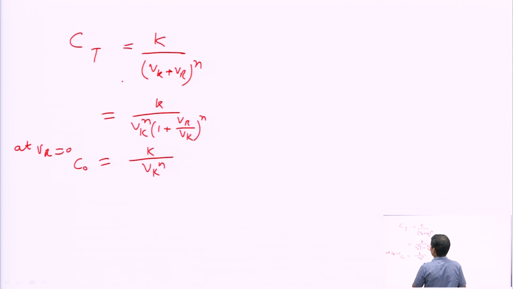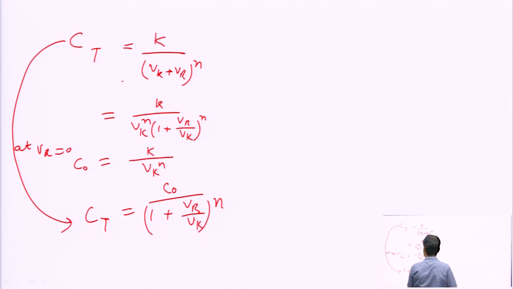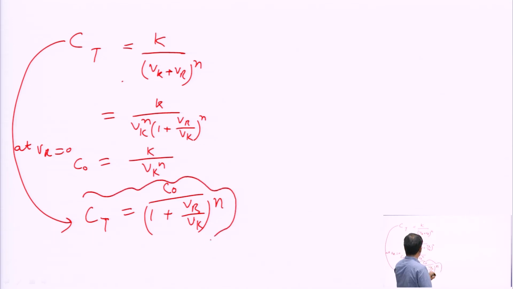This means Ct can be written as C naught upon (1 plus Vr upon Vk) whole raised to the power n. This is the equation of transition capacitance, where C naught is K upon Vk raised to the power n.